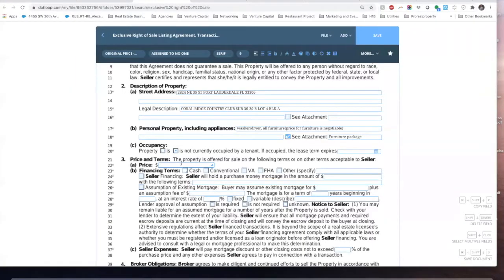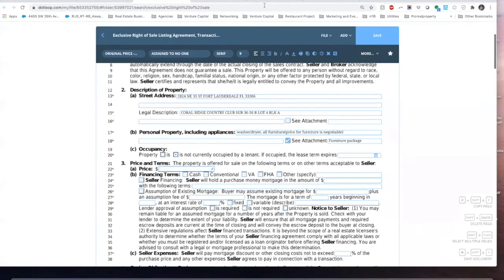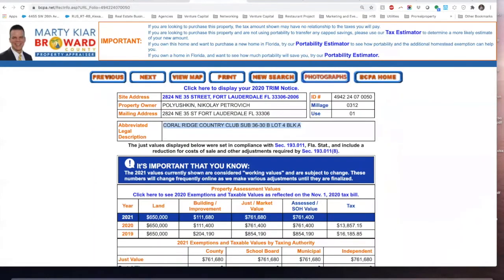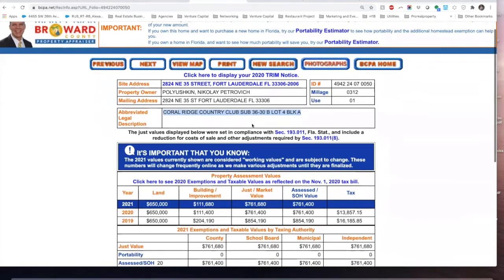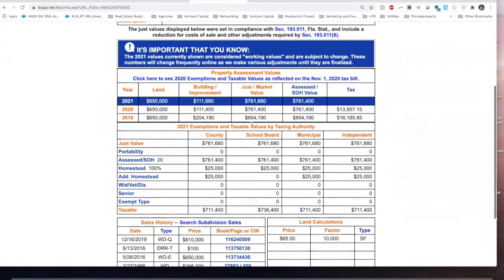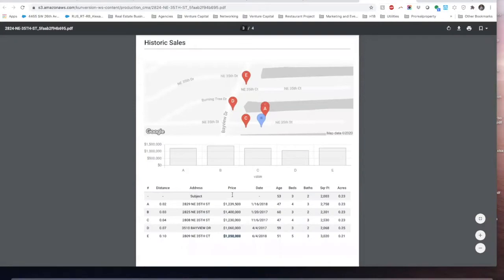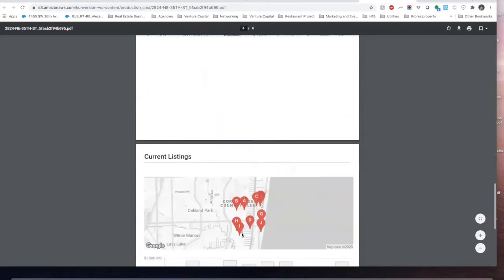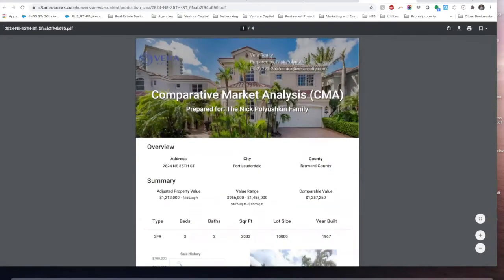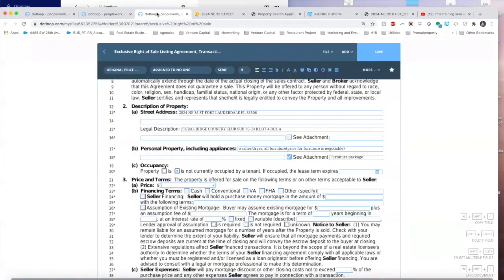So to justify the price, we really need to ask the owner what has been done to the property. Because if we look at the history, for example, this house was purchased for $810. So to justify the price for the CMA, for example, which is like 1.2, the appraisal also will be asking these questions: what has been done?